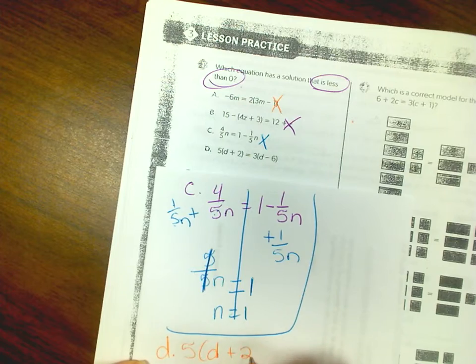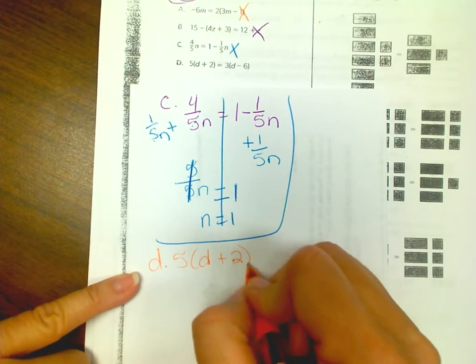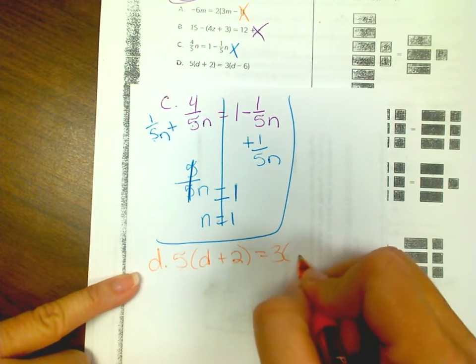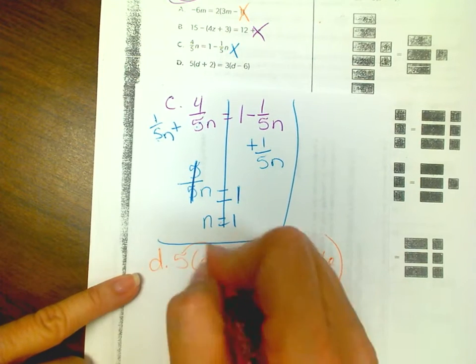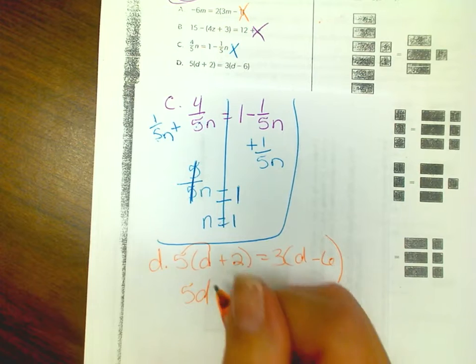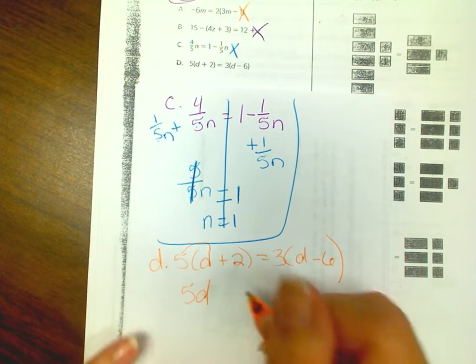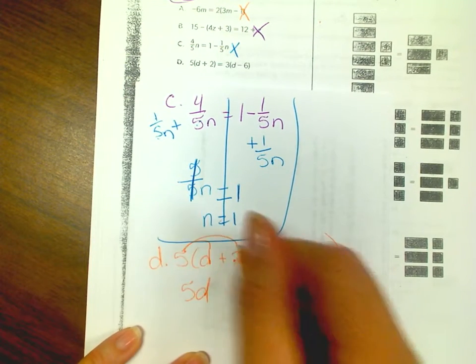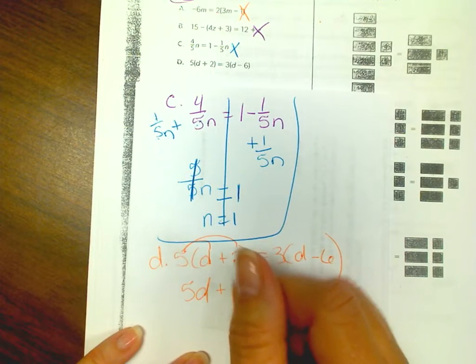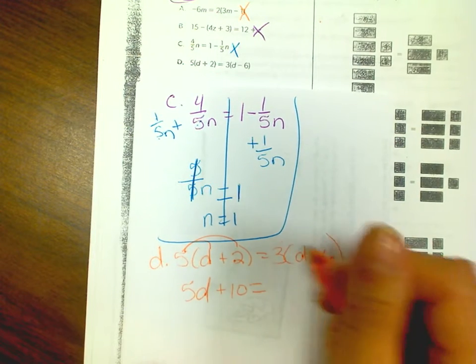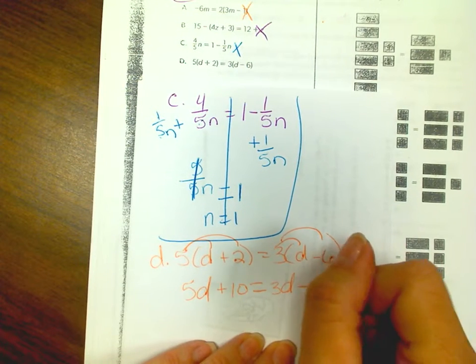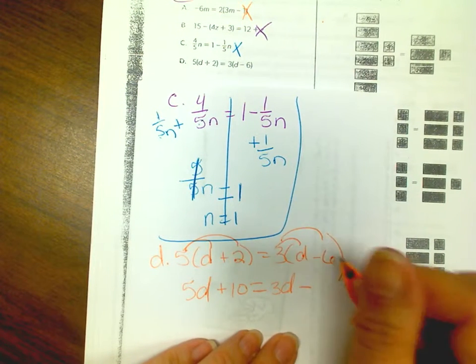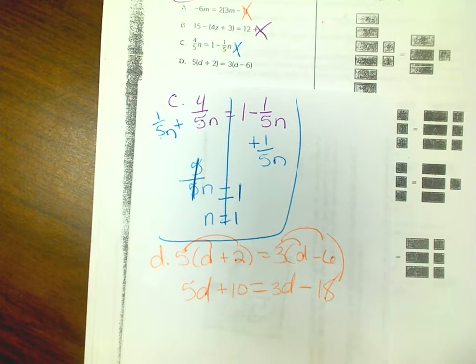5d plus 2 equals 3d minus 6. 5d, we're going to distribute, and then distribute again, plus 5 times 2 is 10 equals, distribute, 3d minus 18.